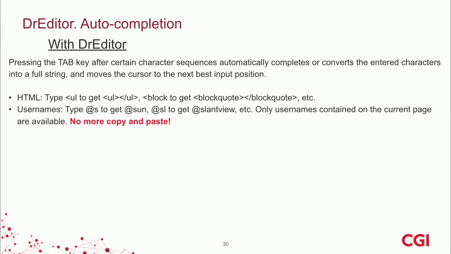The usernames, if you use the at sign, I don't know how to say this sign in English. Arrobas. Oui, en français, arrobas. If you put this sign and the username, and you press tab, you will have a link to the user, and the tool will autocomplete the username.